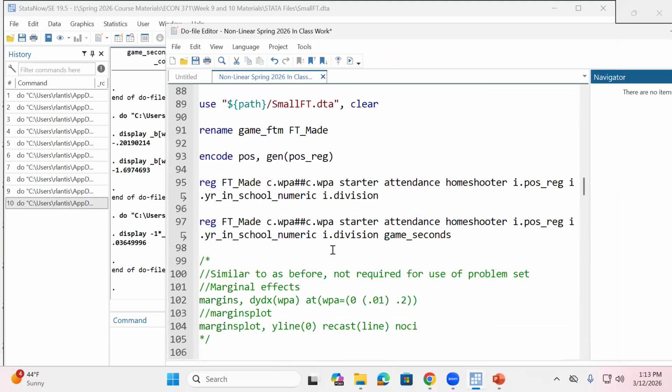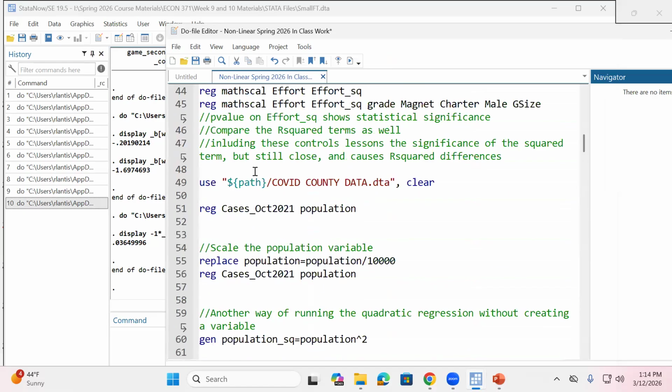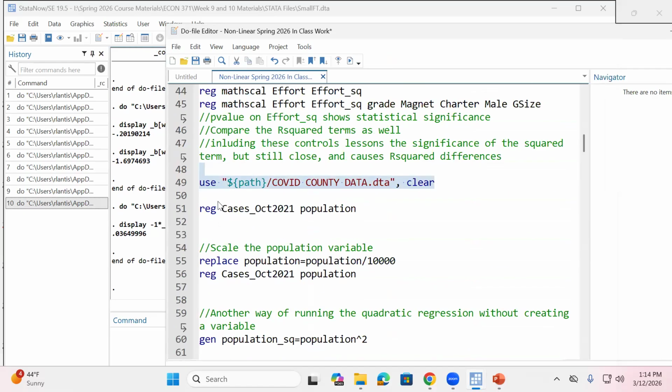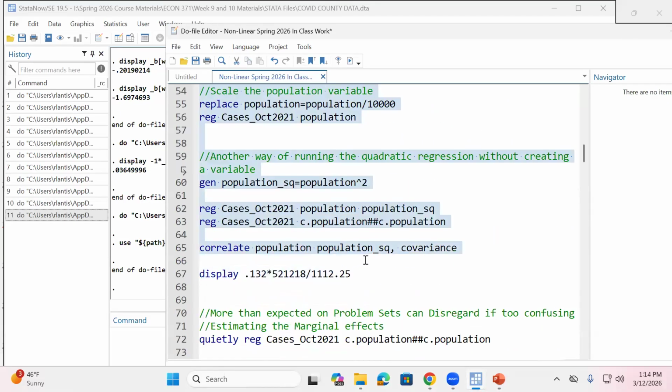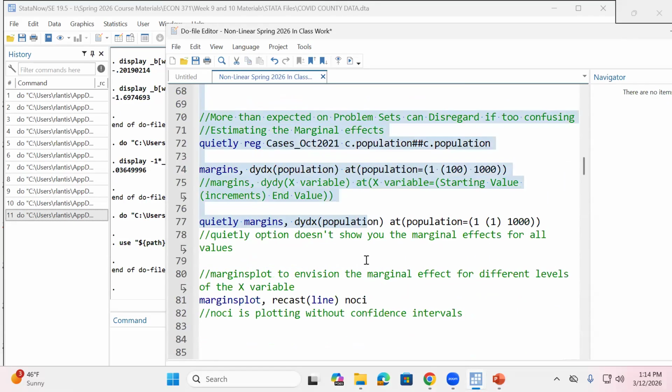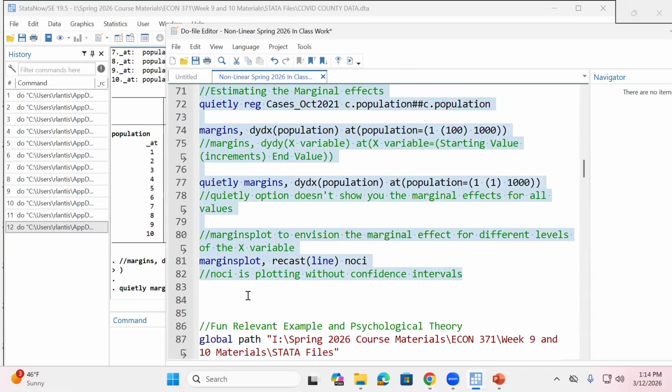Just to give you another example here. If we went back up and I use that COVID county data, and then I come down here where we left off last class. So let's say I'll run all this.